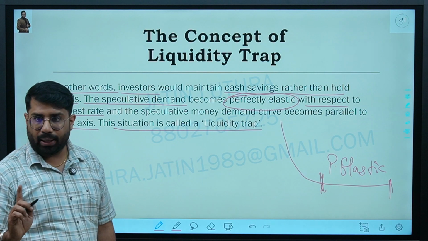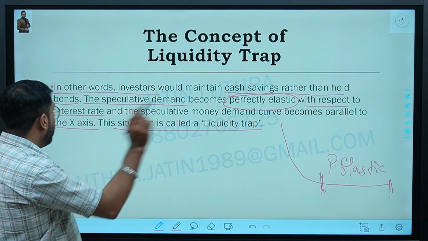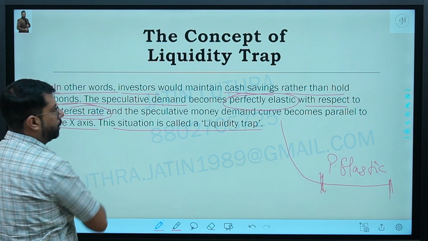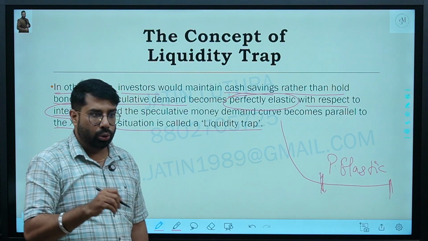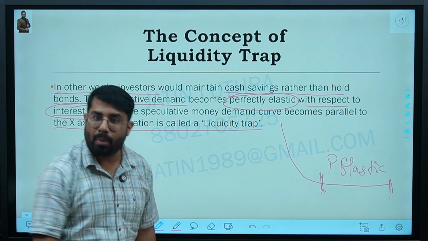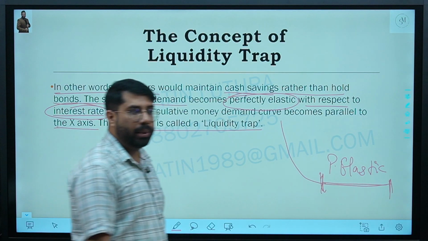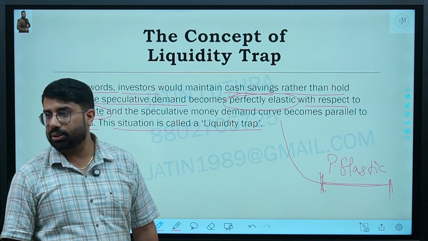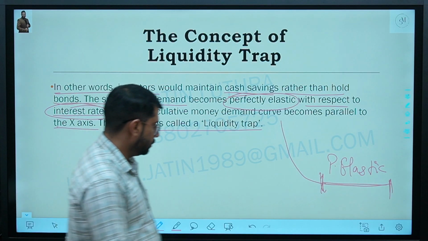We are talking about perfectly elastic demand in terms of interest rate. It means when the interest rate goes to zero or dips to a very minimum level where people are not ready to invest, that will become perfectly elastic. Are you clear? Yes, sir. Yes or no?